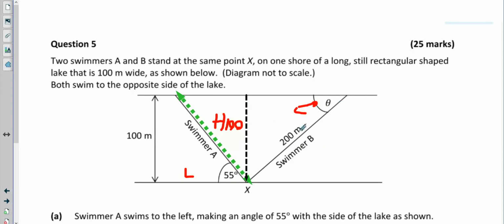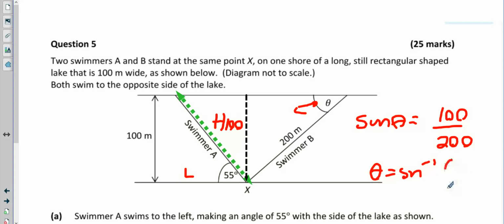Opposite theta would be 100. The hypotenuse is 200. So we say that sine theta is 100 divided by 200. And how do you get an angle from that? Anybody? Sine inverse a half. And that angle is 30 degrees.